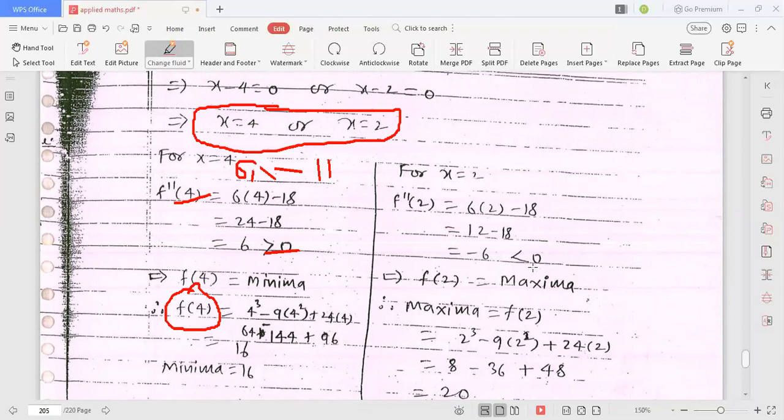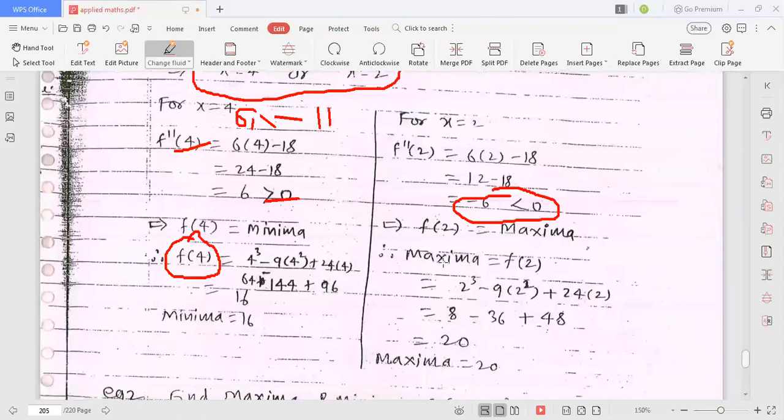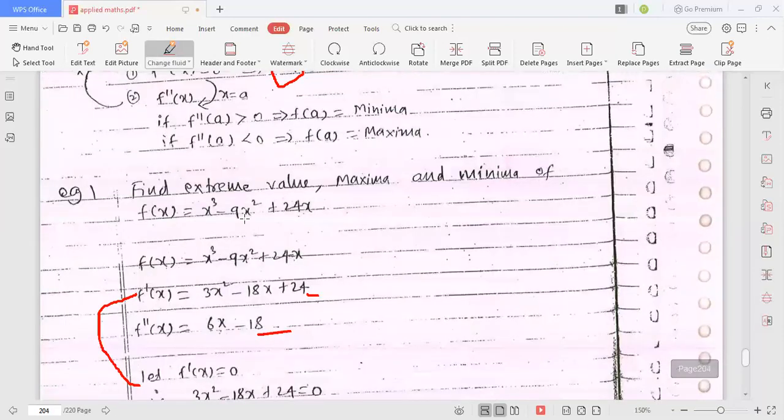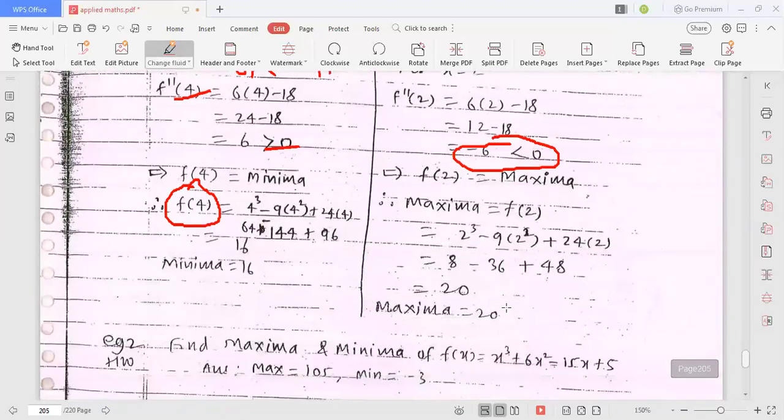Therefore it is a negative value, so that means f of 2 will be a maximum value. Now we find the maximum value by substituting 2 in the function f of x given in the question, and we get 20. So the maximum value is 20.